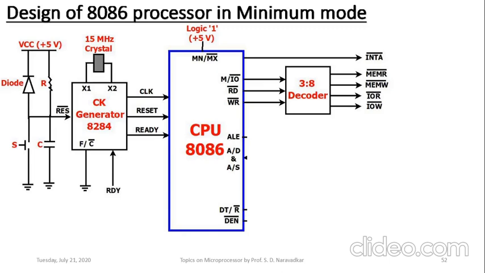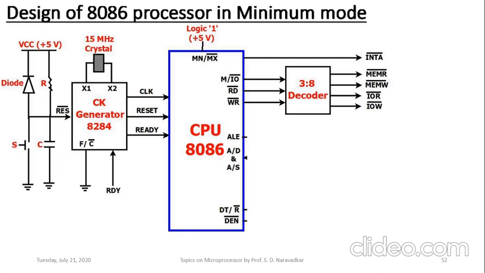Apart from these device specific control signals, the processor directly gives the INTA bar signal. So these 5 signals are important for control of IO operations and memory operations. These are the control signals.